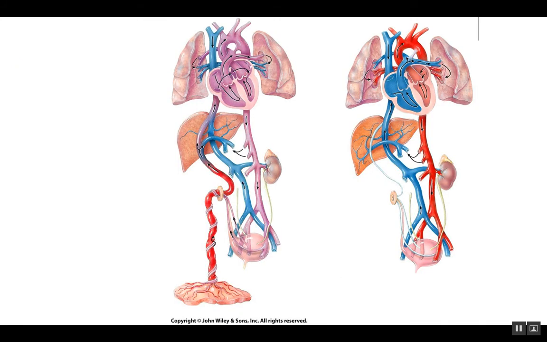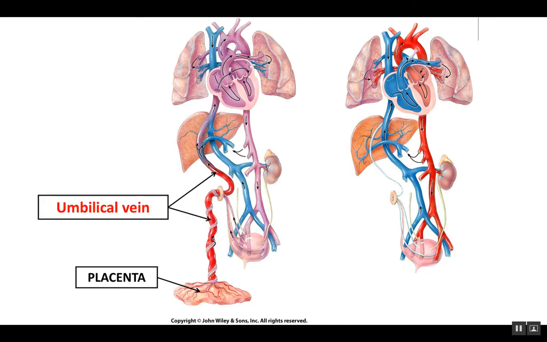This drawing is probably the best one to see this circulation. We basically start at the placenta, which has a lot of blood vessels, a lot of fetal capillaries and maternal capillaries. If we follow the umbilical vein, it would be in the umbilical cord here.